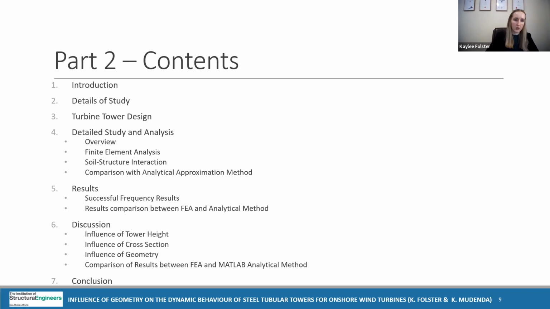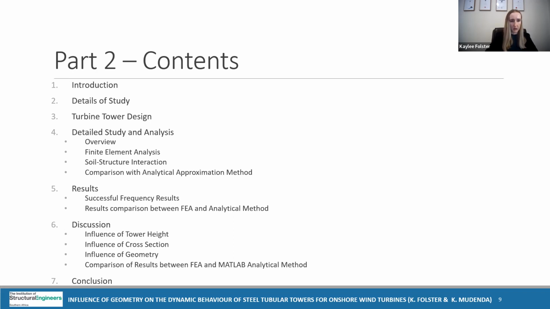We'll start out with an introduction to the actual topic itself, and then we'll look at some of the basics of wind turbine tower designs, how they're actually designed. Then we'll look at the details of the study and the different analysis that took place.